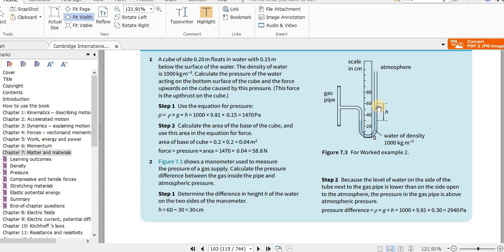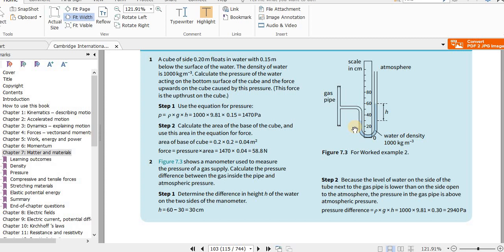Okay, so now we can find the pressure at this level, and the pressure at this level is equal to the pressure at this level, because in a liquid the pressure at the same level is the same. If you consider the same horizontal level anywhere inside the liquid, the pressure there will be the same.